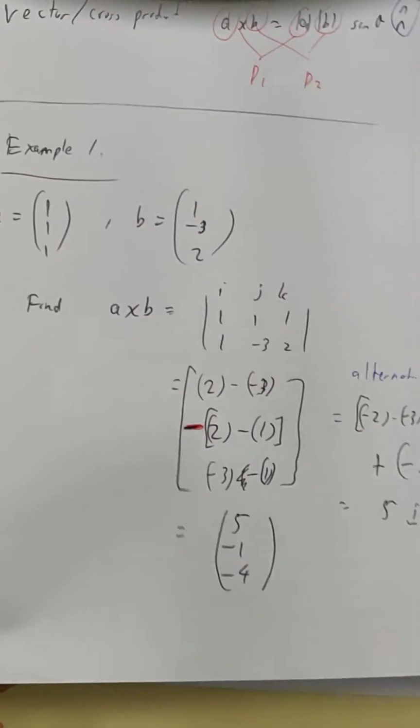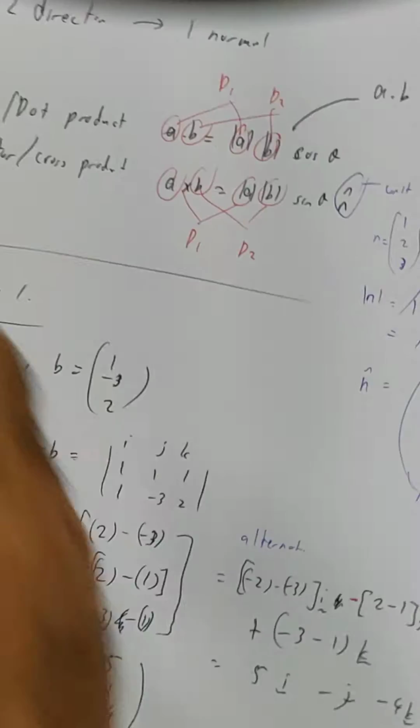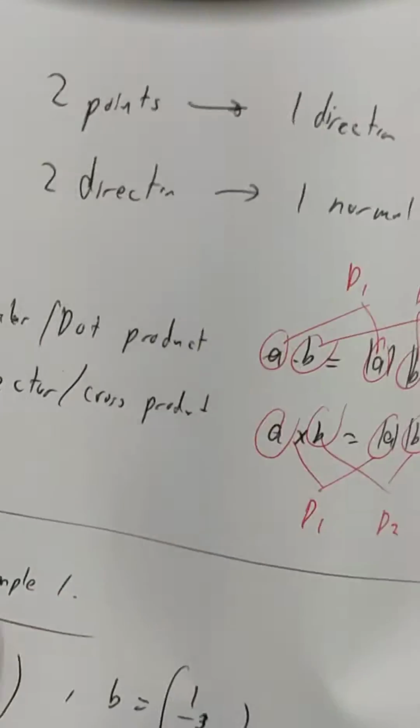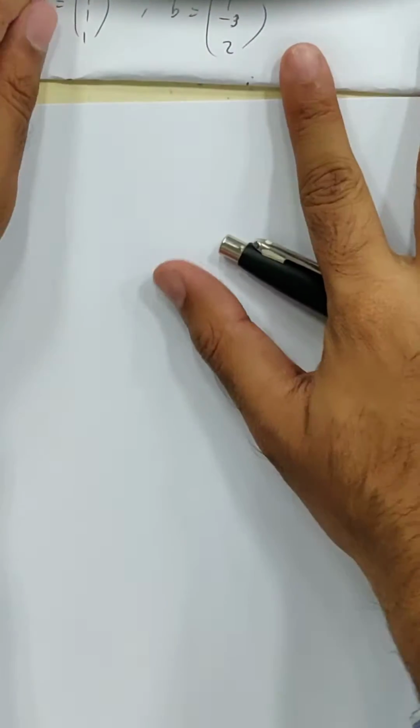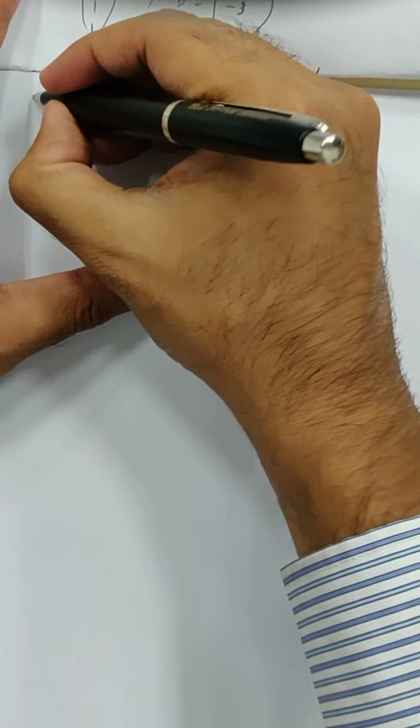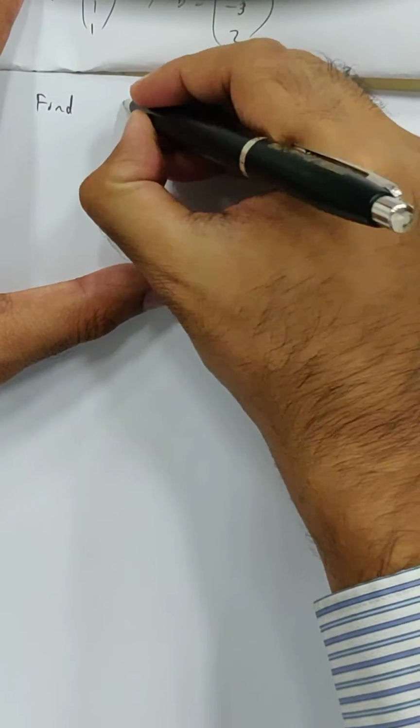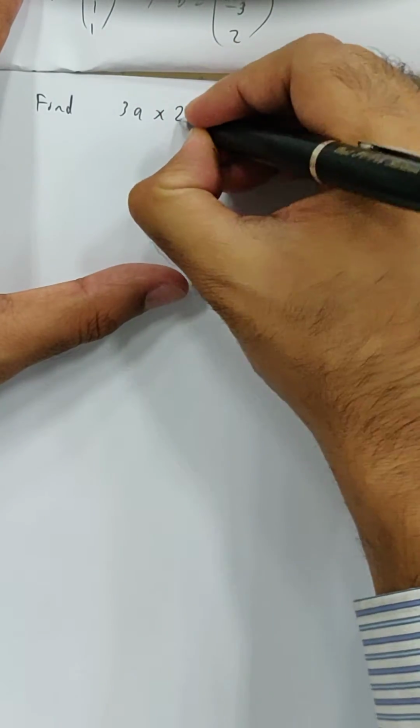Okay, based on the same numbers, what about if I ask you something like this? Find 3A cross 2B.